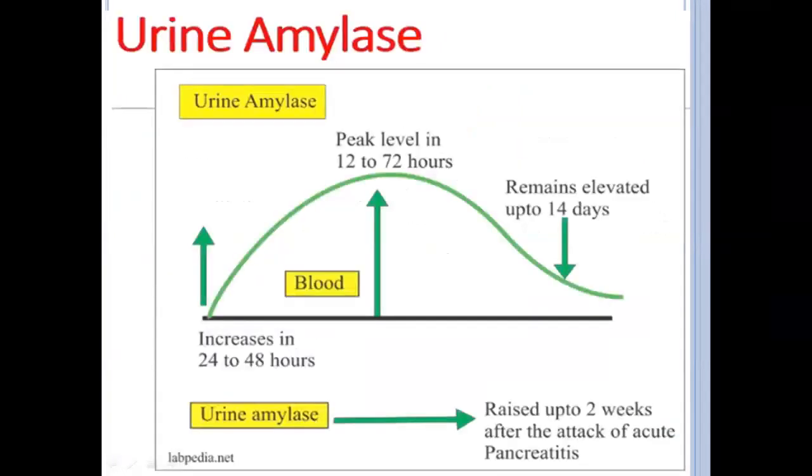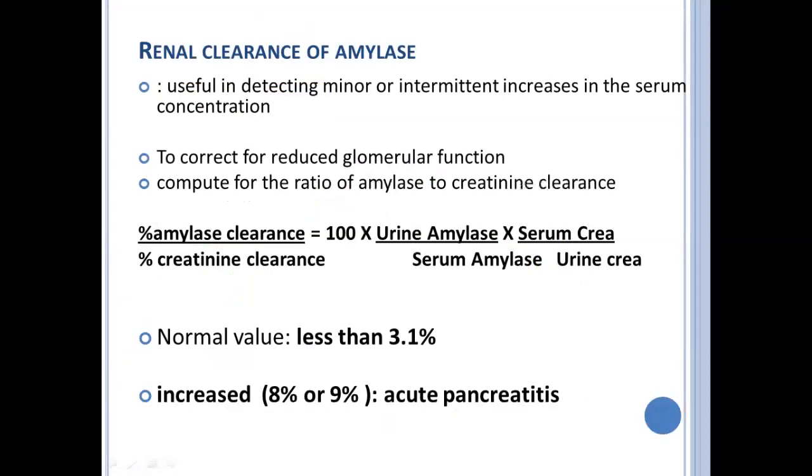Kaya medyo ayaw nila minsan gamitin tong amylase kasi madali siyang mag-normal na 3 to 5 days. So kaya mas maganda yung urine amylase kasi mas matagal. So remains elevated up to 14 days. But remember, pag yan ay urine amylase, that's affected by the glomerular function. So, para ma-correct mo yung problem with the glomerular function, you're going to compute for the renal clearance of amylase. So how are you going to compute for the renal clearance of the amylase?